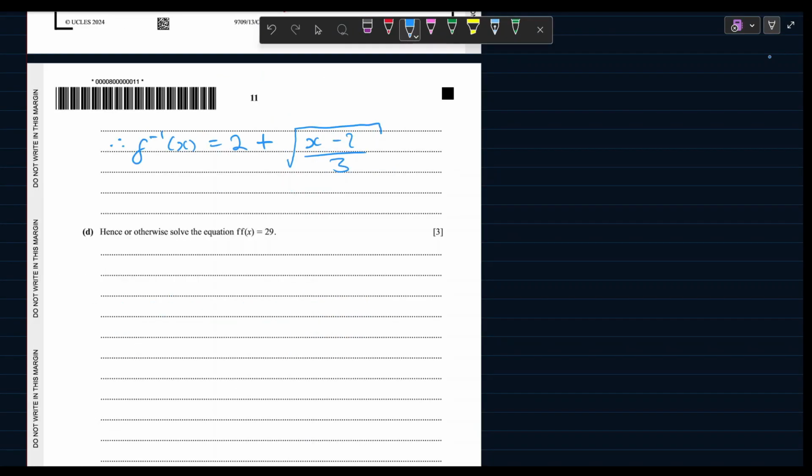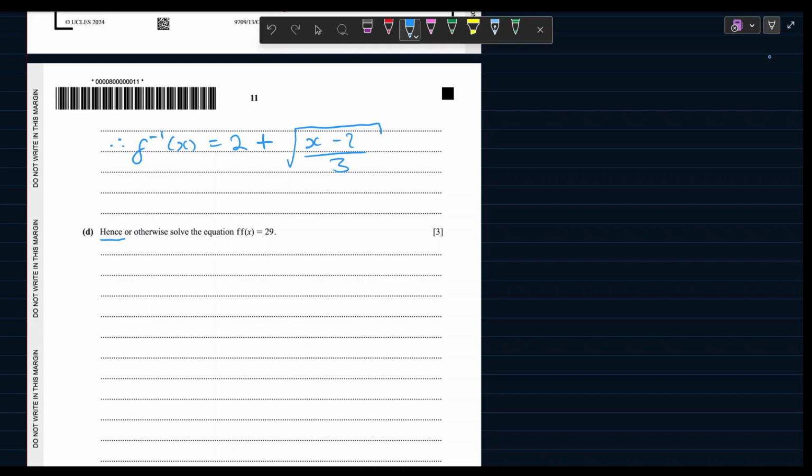Now part D says hence or otherwise solve the equation f of x is equal to 29. Now the key word here is hence. That implies that we're supposed to use information from a previous question to help us in solving this question. So what do we do in the previous part of this question? We found the inverse.